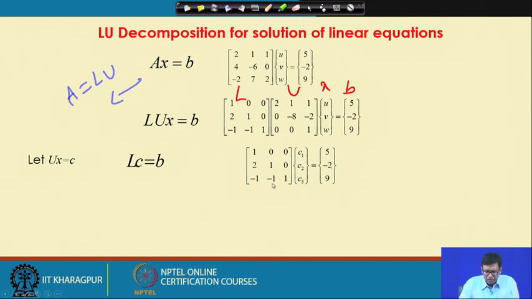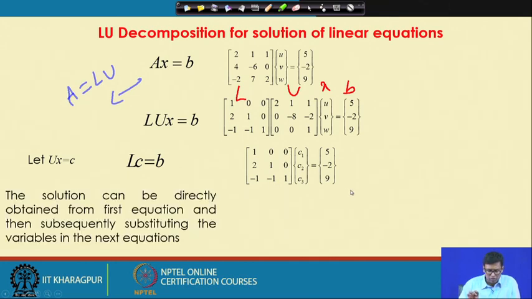Now, Lc is equal to b is a triangular equation system. So, directly I can find c1 is equal to 5, and I will substitute it into the next equation. I can write c2 is equal to minus 2 c1, something like that.